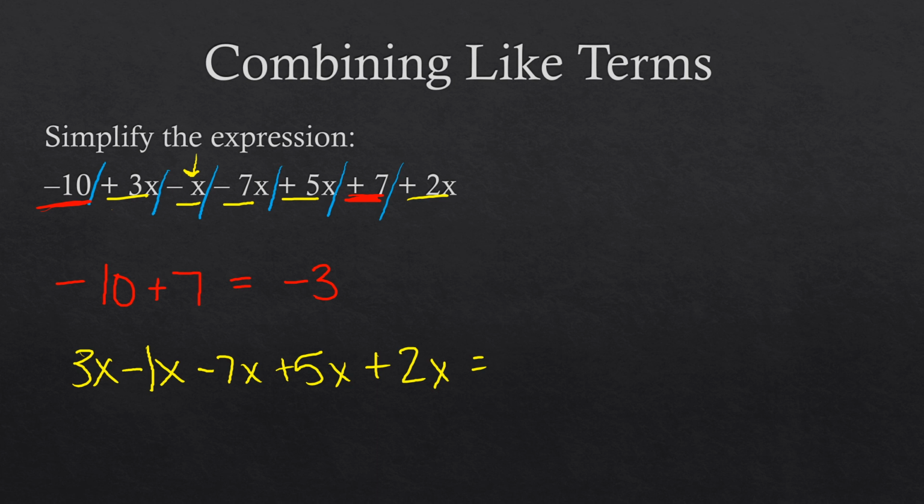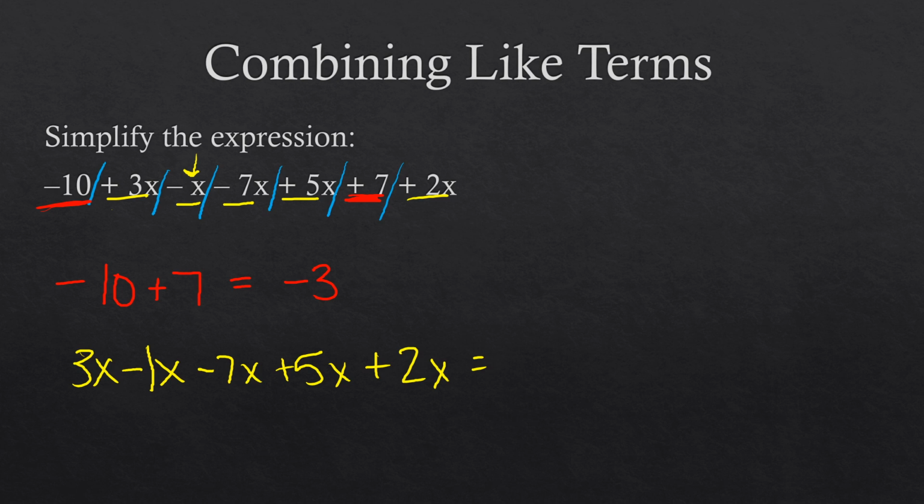Okay, and if you think about it, your variable just represents a number that we don't know, all right? But anything times 1 is going to be itself, right? 8 times 1 is 8. 9 times 1 is 9. 250 times 1 is 250, which is why we can put that 1 in front of the variable.